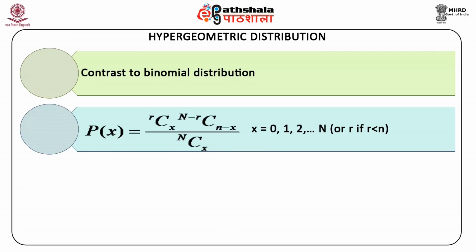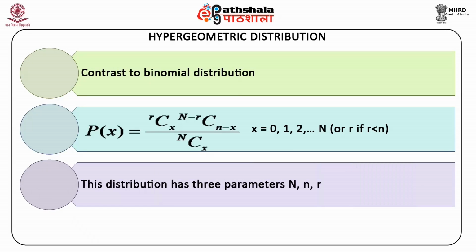Also, in hypergeometric distribution, x cannot exceed r and n minus x cannot exceed capital N minus r. This distribution has three parameters, capital N, small n, and r.